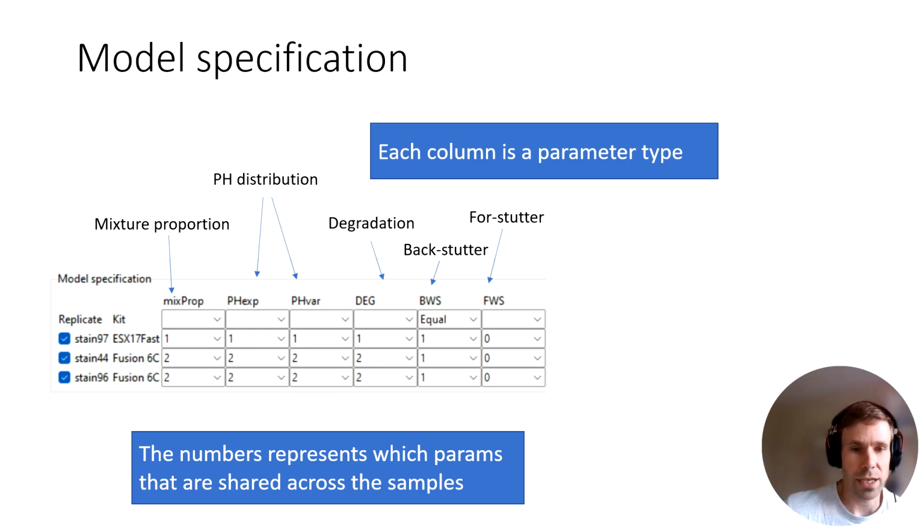This is also set the same for peak height expectation, peak height variation, and also the degradation. For the backward stutter, however, we have assumed that these are all shared across all the three profiles. And we have turned off forward stutter. This is represented by 0.